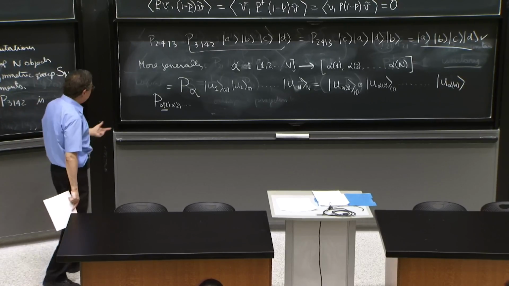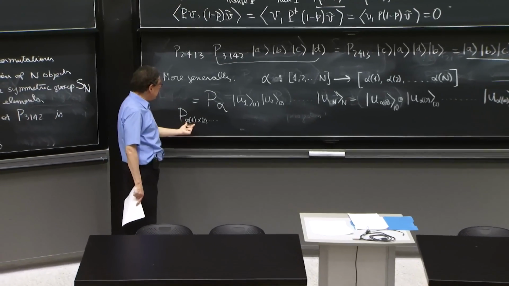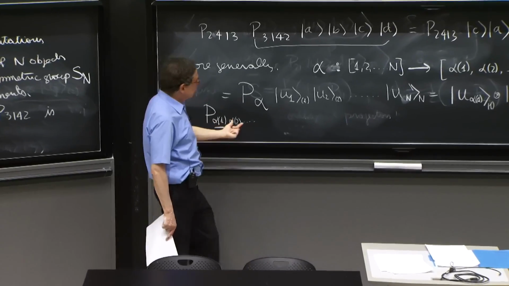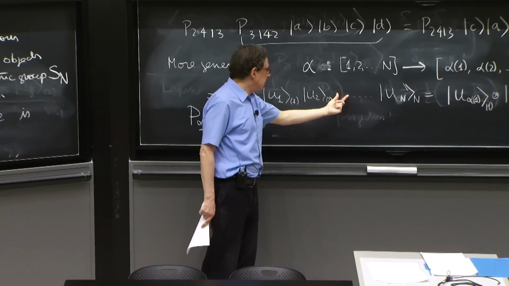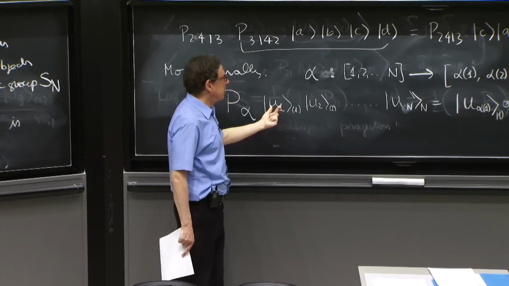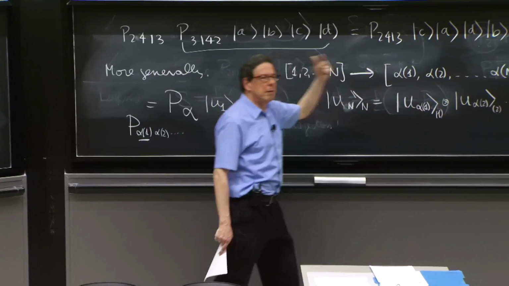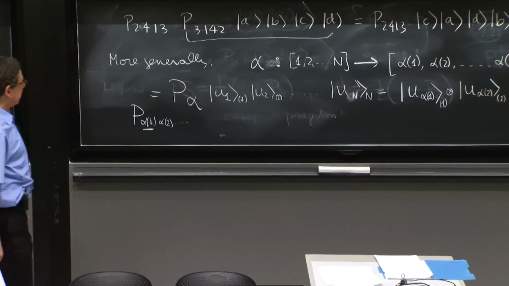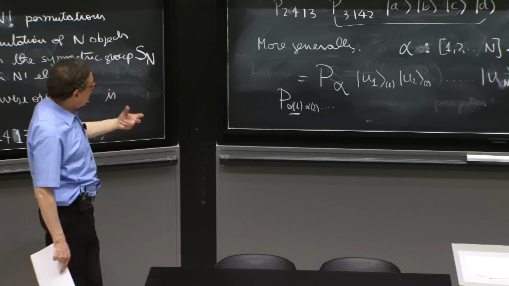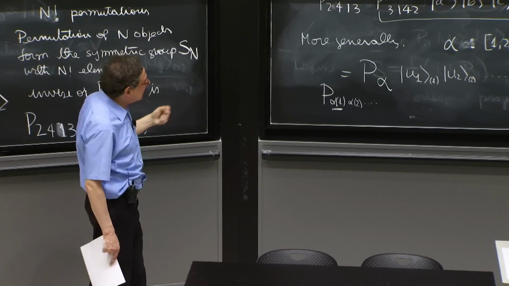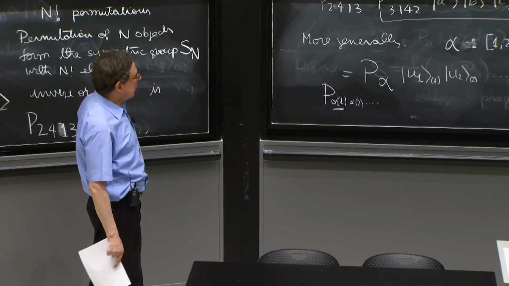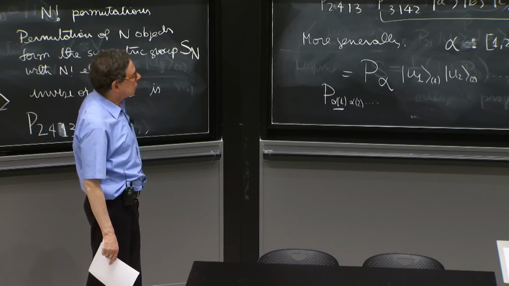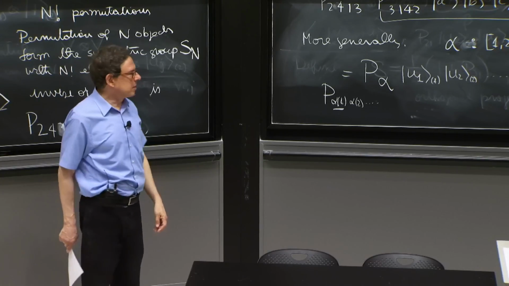You see, if alpha 1 was 3, it would correspond to taking the state U3 and putting it first. So whatever alpha 1 is, whatever number, that state must be pulled into the first ket.